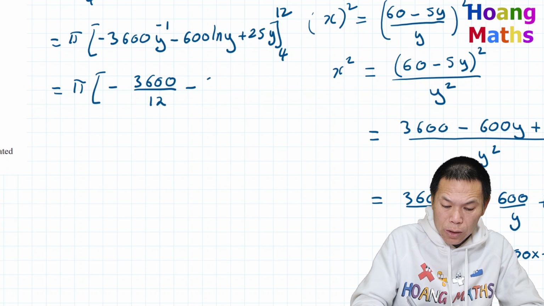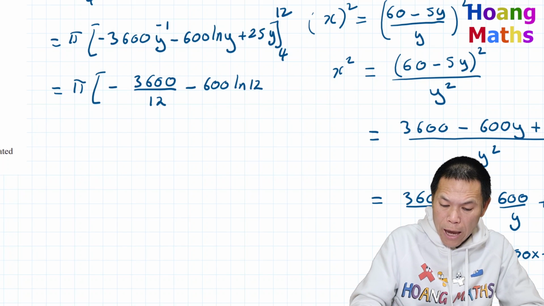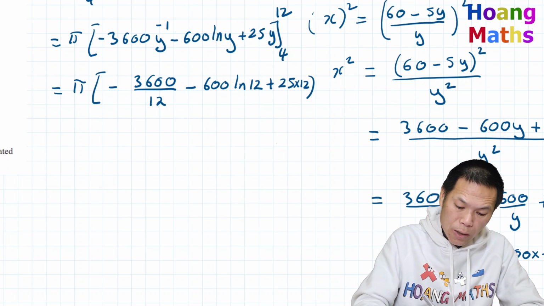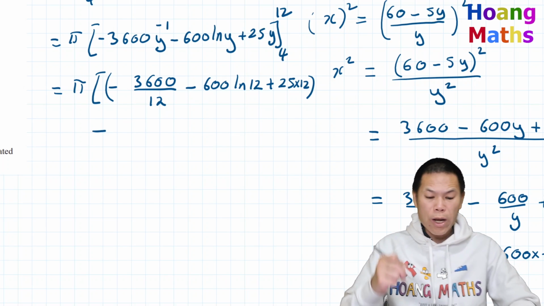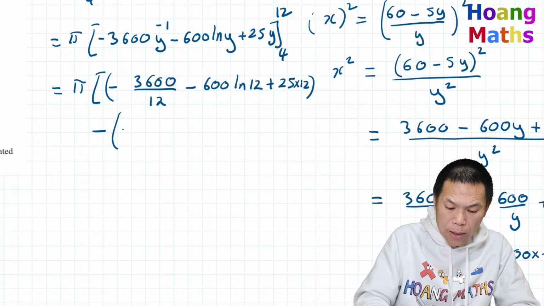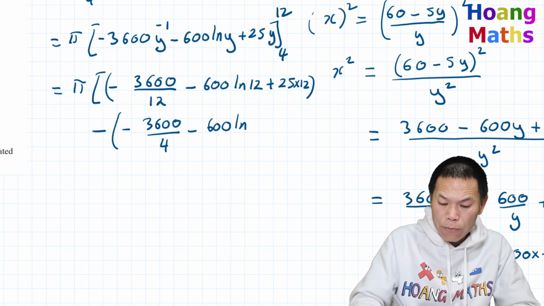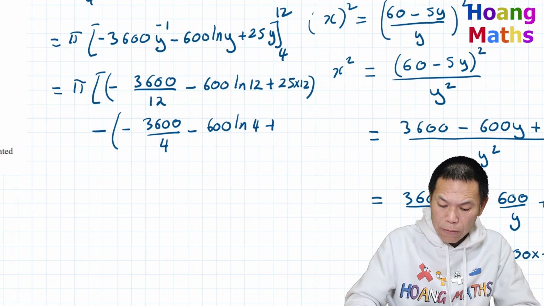We minus 600 ln 12, and we add 25 times 12. And then we minus, when y is equal to 4, that becomes -3600 over 4, and minus 600 ln of 4, and then we add 4 times 25.